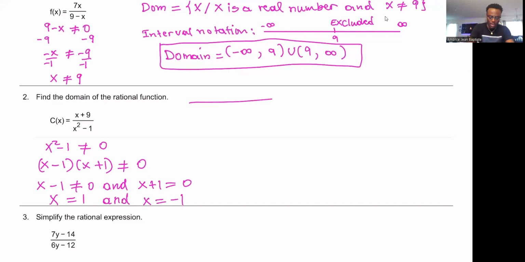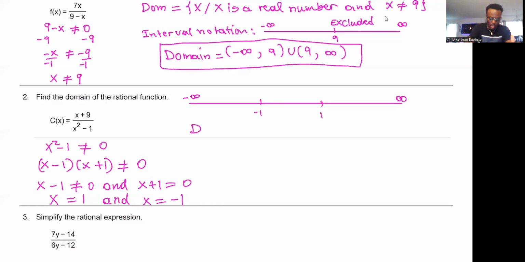So on the number line, how you're gonna see it is from negative infinity, you're gonna get negative 1, and then 1, and then infinity. So you got 3 parts of your interval that will exclude negative 1 and positive 1.